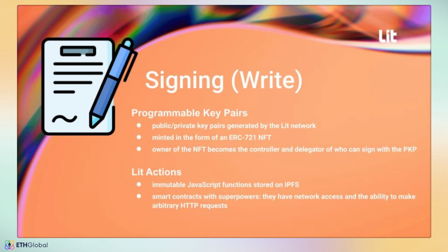And then Lit actions are immutable JavaScript functions stored on IPFS. They're smart contracts with superpowers. They have network access and the ability to make arbitrary HTTP requests. Think of it like a cloud function that is able to be run across the Lit nodes, and you'll write them in JavaScript.